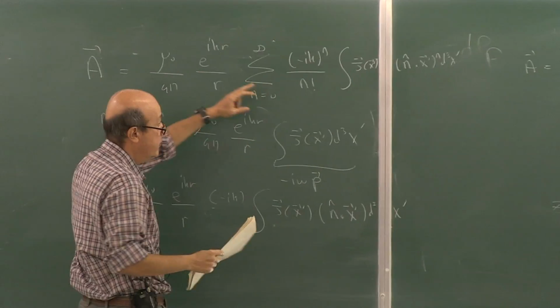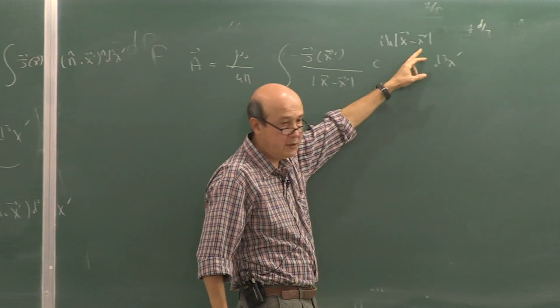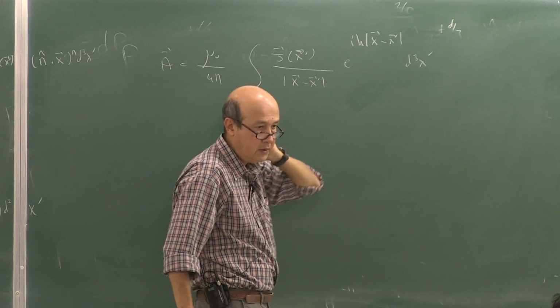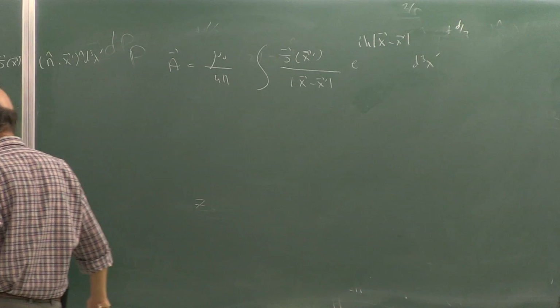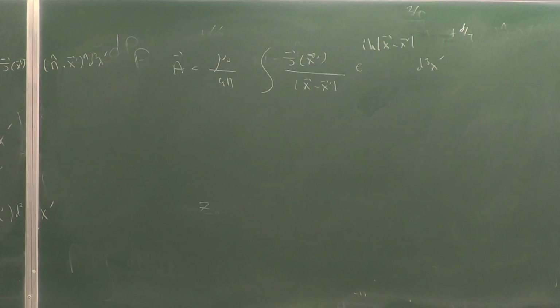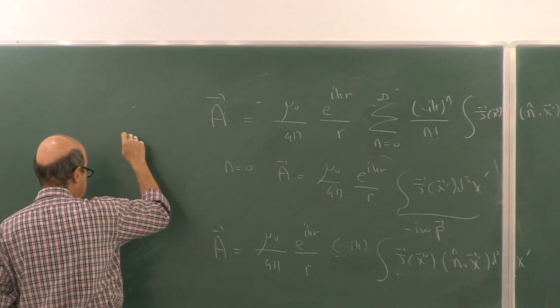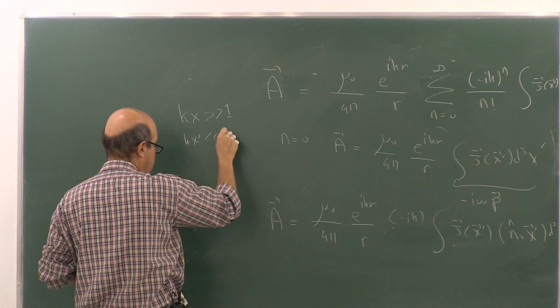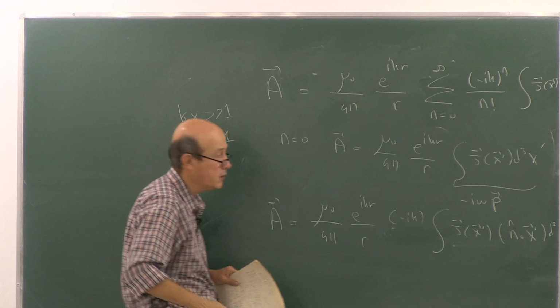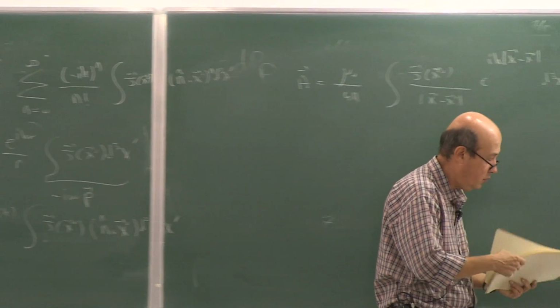And this is with some assumptions. What are the assumptions? x is much greater than x prime, and the source dimensions are less than the wavelength. So kx is a great number, and kx prime is a small number. If you look at the notes, that was the consequence of these two assumptions.